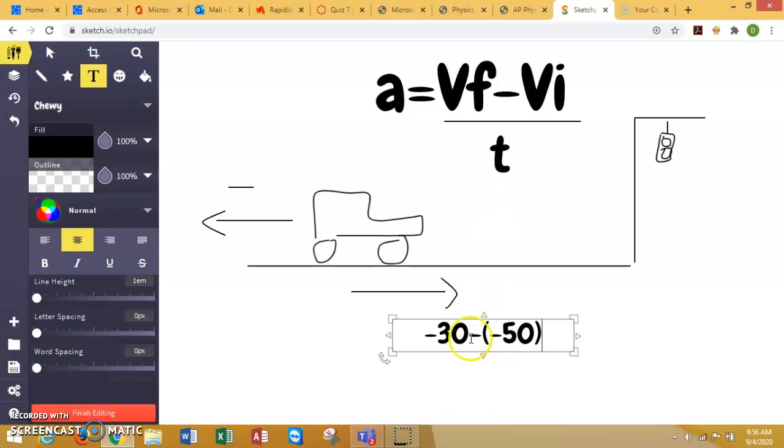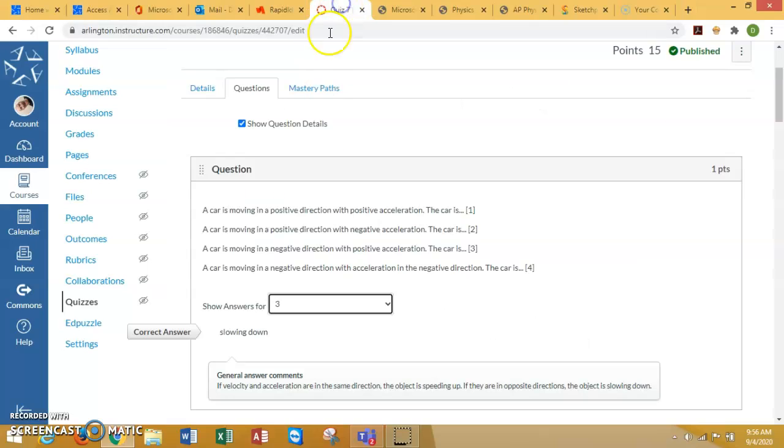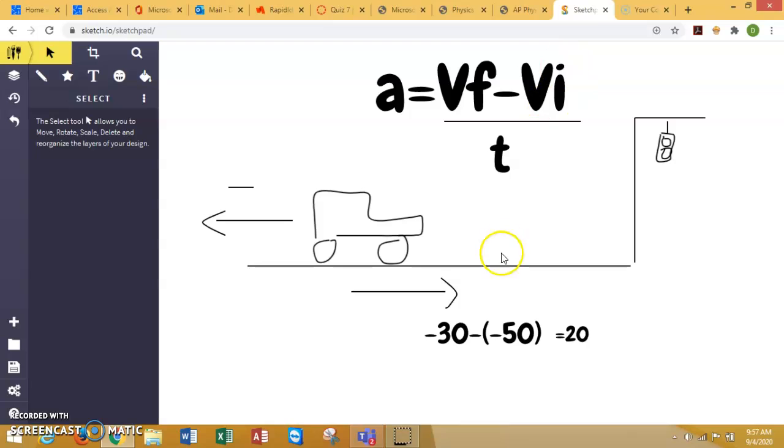So I made my final speed negative 30. I made my initial speed negative 50. And I subtracted the two. So when you do this math, you get positive 20, which is positive acceleration. But in this case, it means slowing down.